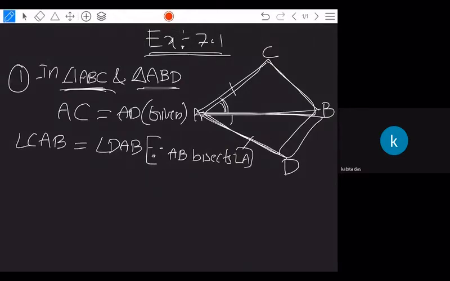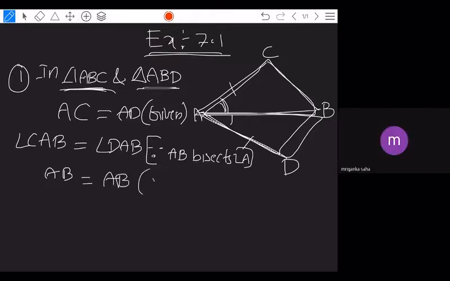Then in this ABC triangle AB, and in this ABD triangle AB, there is AB in both. So both are the same because it is a common side.